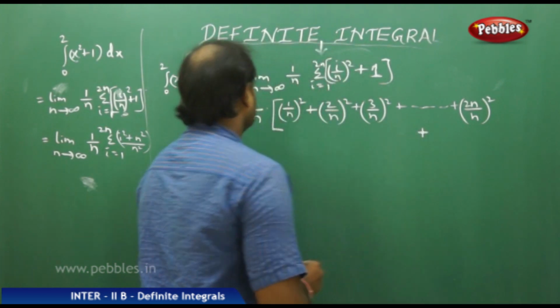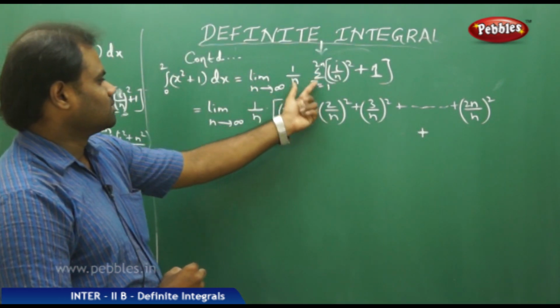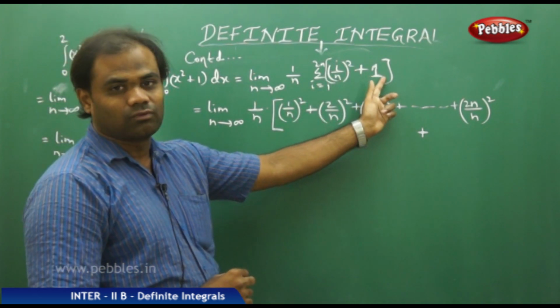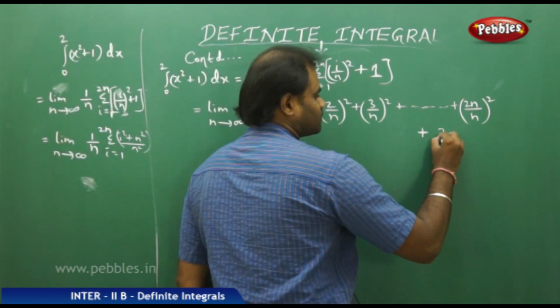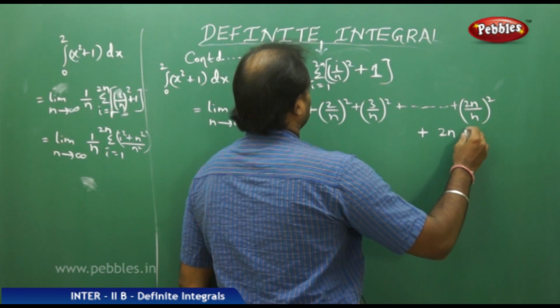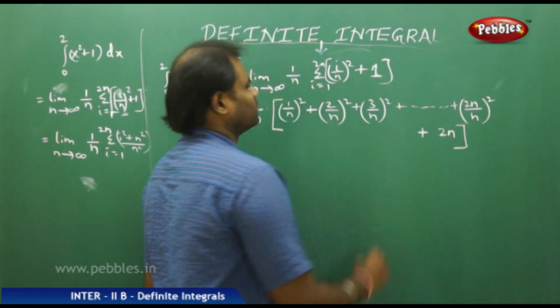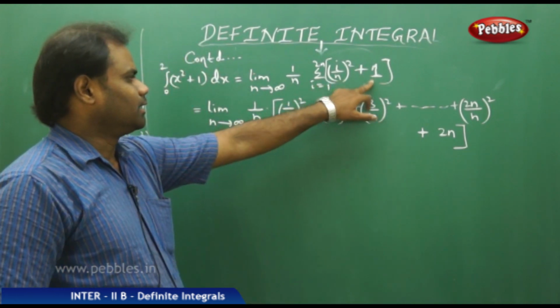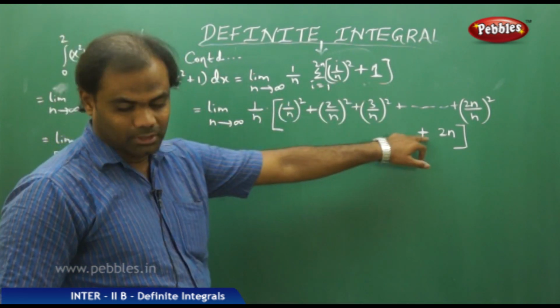And next, sigma i running from 1 to 2n of 1 is nothing but 2n, because it is independent of i.